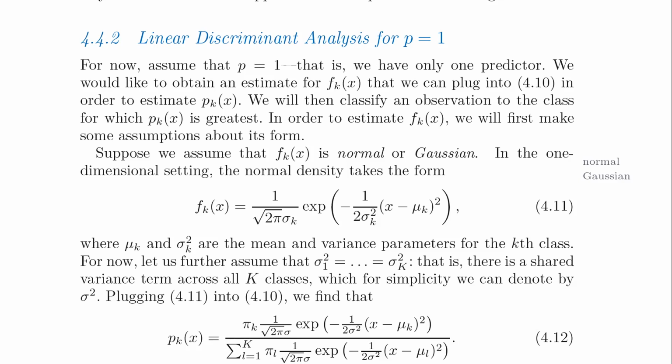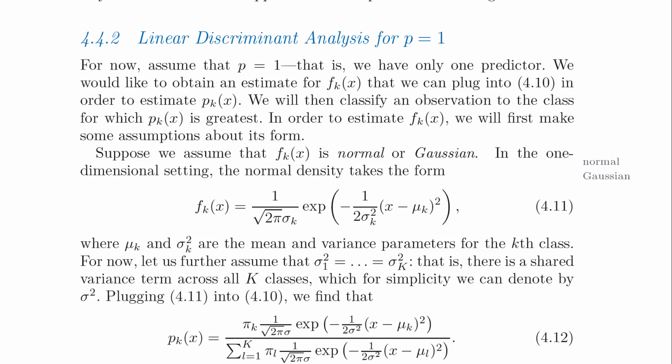Now, universally in this book, p is the number of predictor variables. So it's not the classes. You could still have seizure, drug overdose, and stroke.